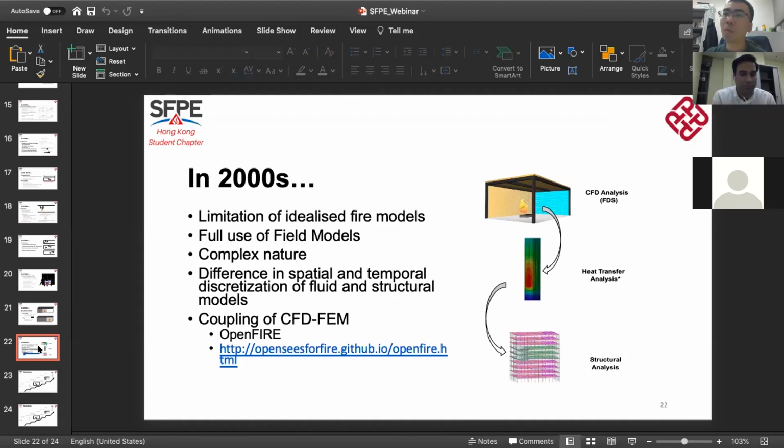Basically, I'm doing the transfer of data. In the CFD analysis, I am not even adding any structural components.